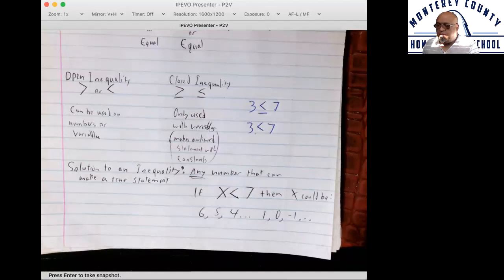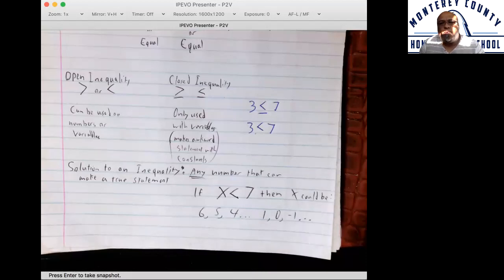So moving on, you've probably looked ahead at my example here. If x is less than 7, now here's an inequality statement, then x could be 6, 5, 4, 3, 2, 1, 0, -1, and continued. Okay, now I could go lower. So given that I know that the value of x is less than 7, then any number that is less than 7 can be x.